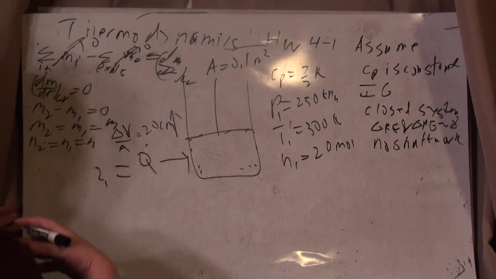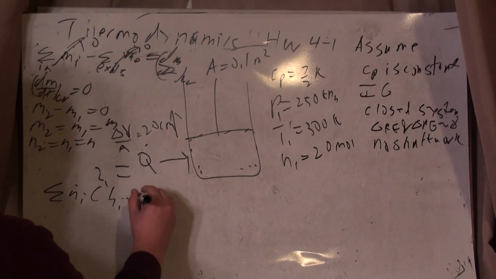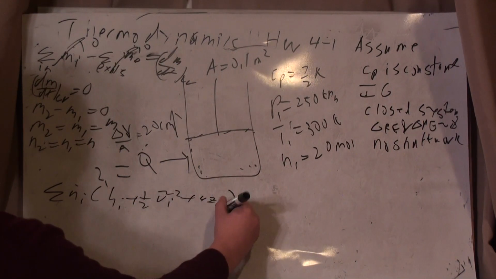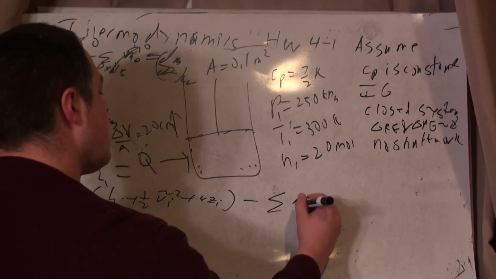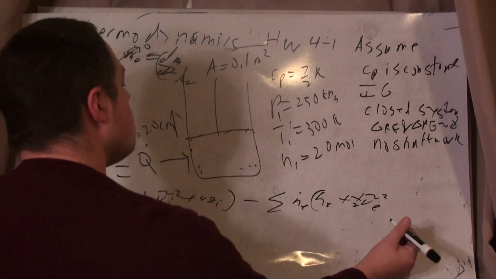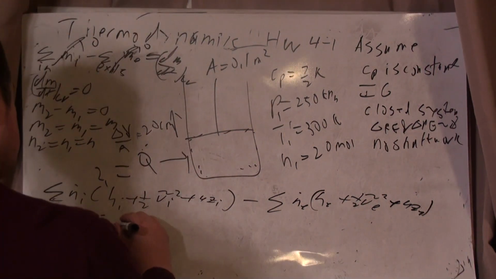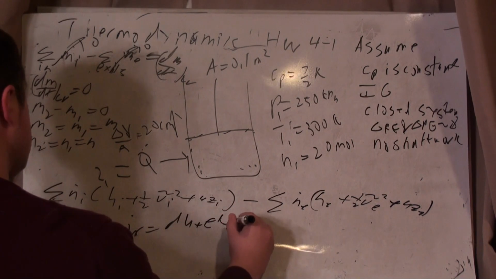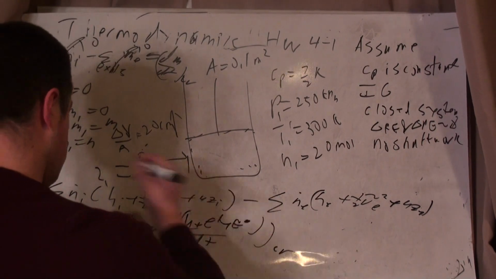Now I need to do an energy balance. So I have the sum of n dot in times h plus 1/2 v squared plus gz, minus the sum of n dot out times h plus 1/2 v squared plus gz, plus Q dot plus work dot equals d of U plus EK plus EP, dt of my control volume.